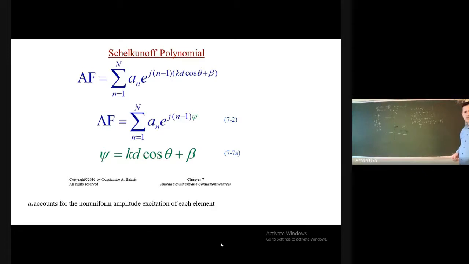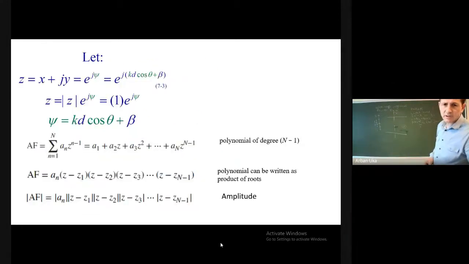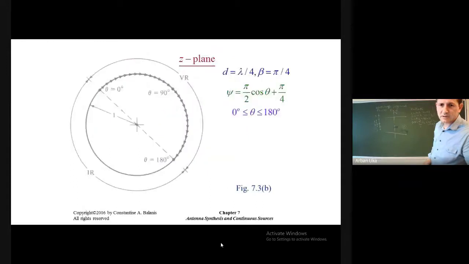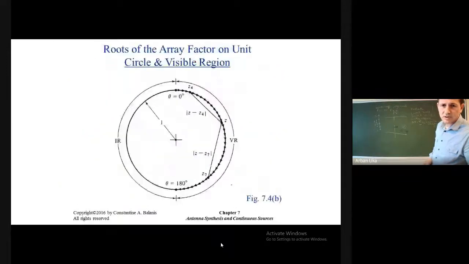We just do a change of variables, which will become useful when we do the analysis using the Chebyshev polynomial. All of this term, e to the power j psi, is z, so we get z to the power n minus 1.